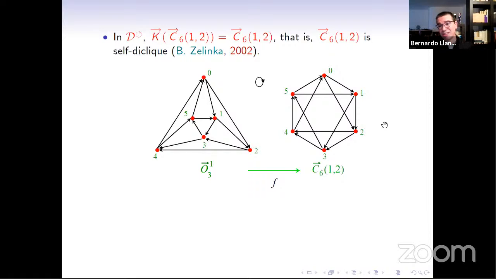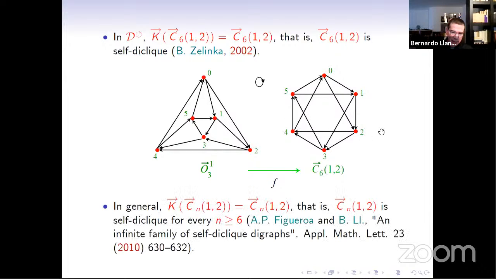In almost all his papers on tournaments, on acyclic connection, on disconnection, on dichromatic number, he proved some beautiful results on circulants. So it is the example of Zelinka, and we could prove, with a colleague who will be talking on, I think, Friday, that this example could be extended to the whole family.